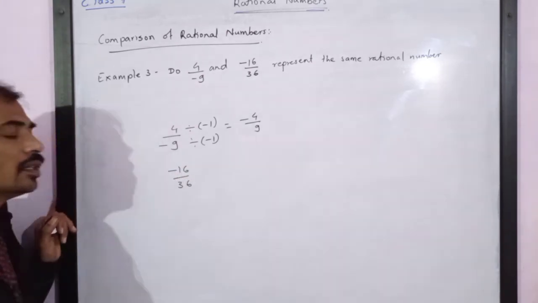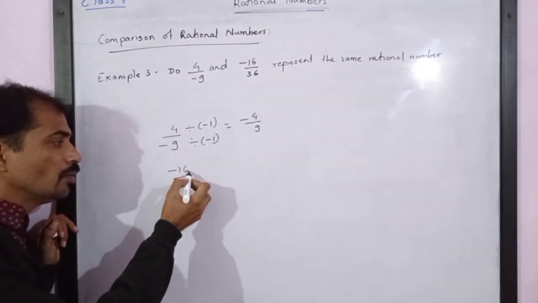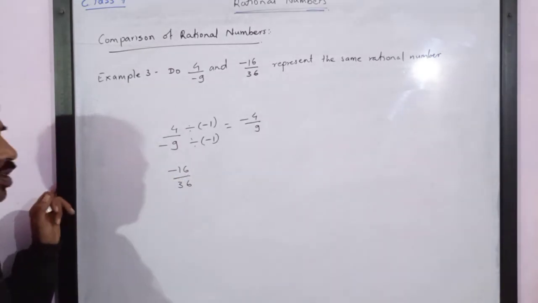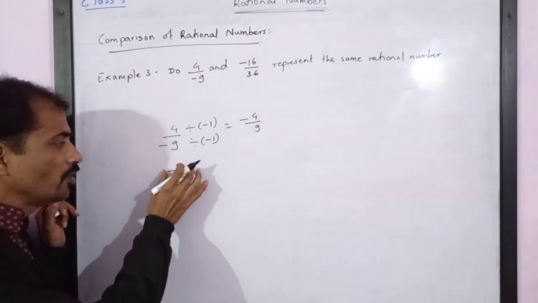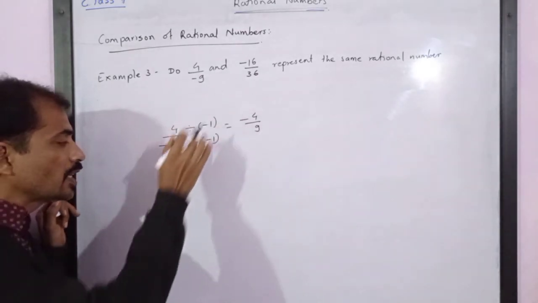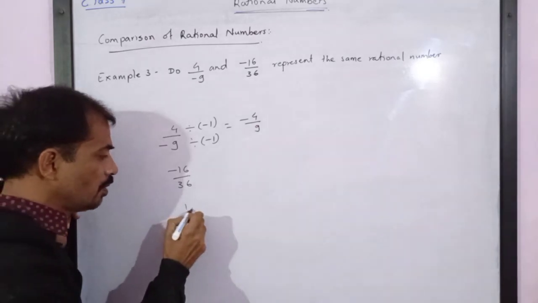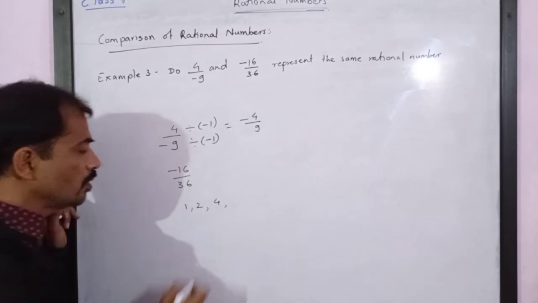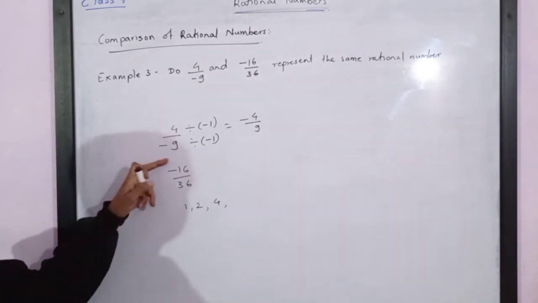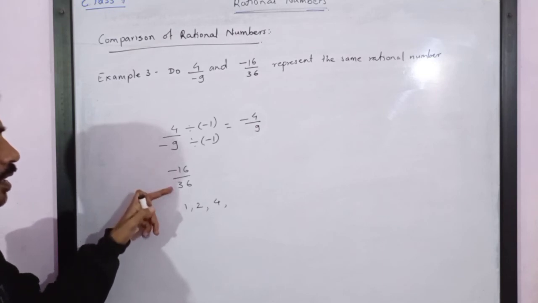Let us see the next fraction, negative 16 upon 36. Here both are divisible. They are having other common factors, or the highest common factor is not 1. So we have to write the second fraction in standard form. Please note 16 and 36 both are divisible by 1, 2, then it is divisible by 4, then not divisible by 5, 6, 7, 8, 9, 10.